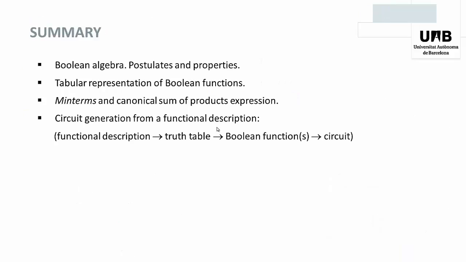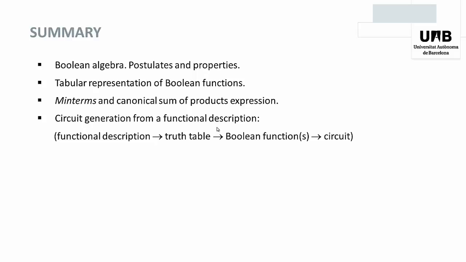Summary of this lesson: we have seen what a Boolean algebra is, how it can be defined, and which are the postulates and some of the main properties. We have seen that Boolean functions can be represented by tables.